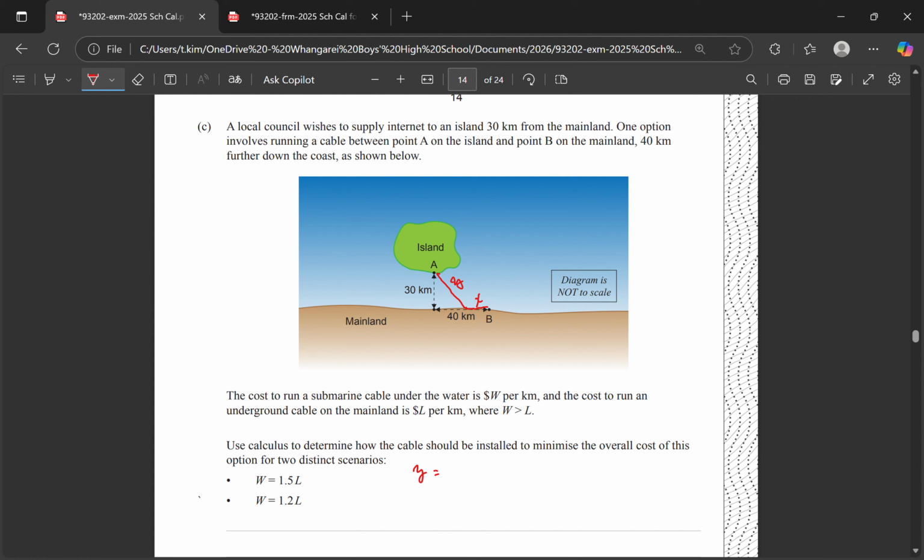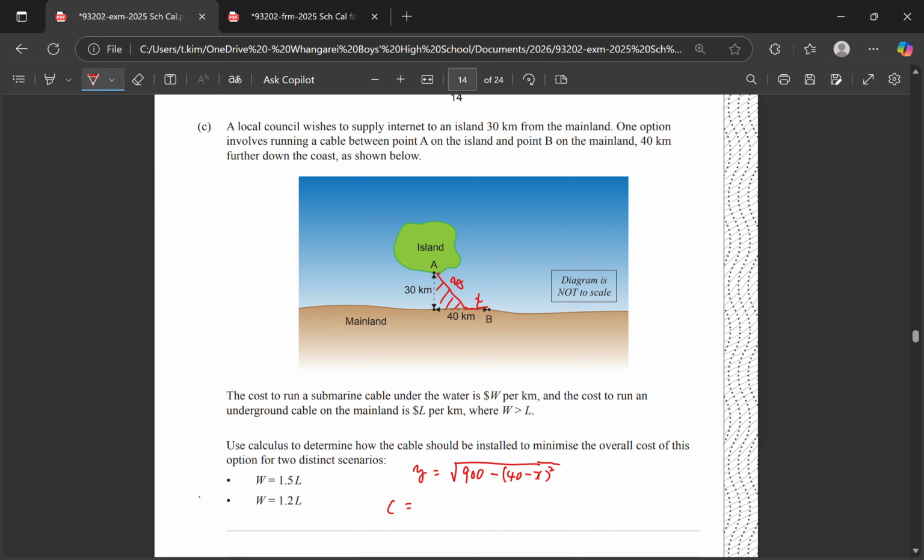This is a right angle triangle, so we can use Pythagoras theorem, the square root of 30 squared, which is 900, minus 40 take away x, squared. So that's y. Therefore C, the cost, must be what?